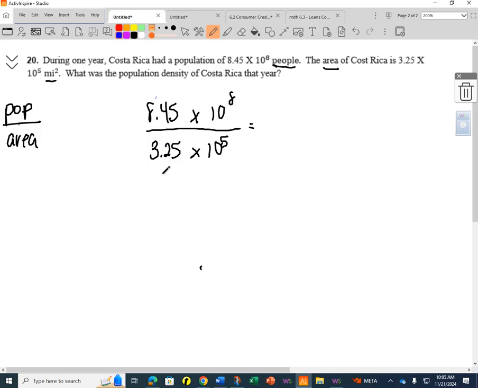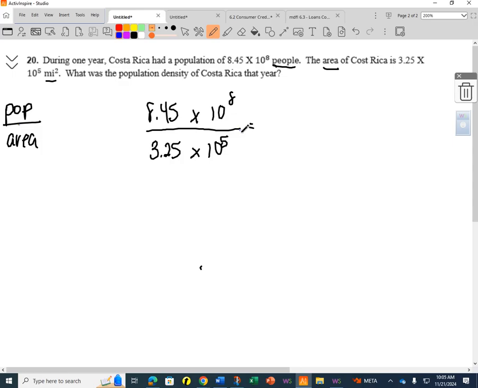So we divide these numbers and we divide these bases of 10. We divide these in the calculator. We divide the powers of 10 by subtracting their exponents, or that's how we divide factors with like bases.